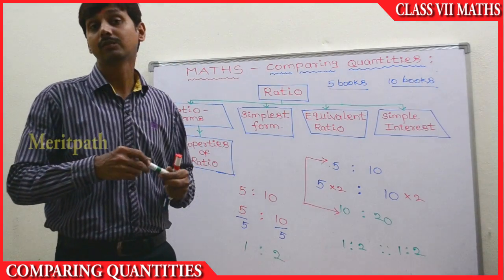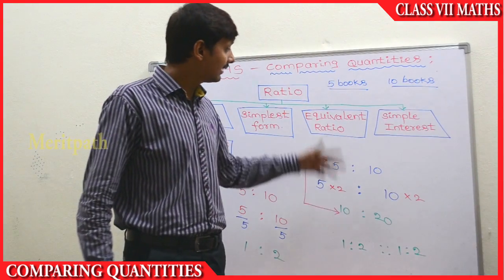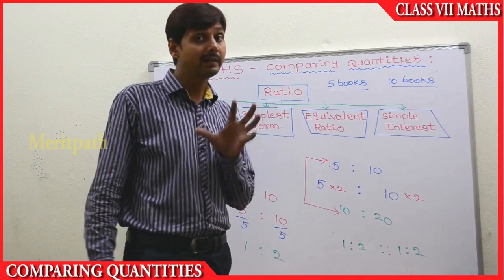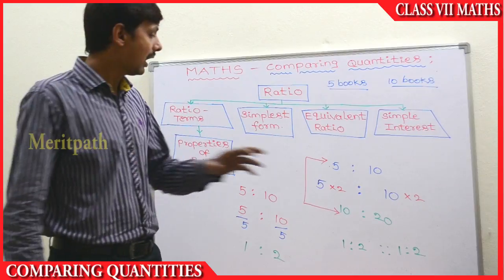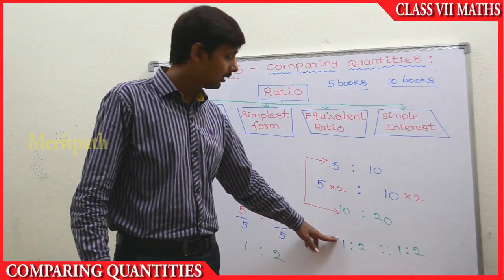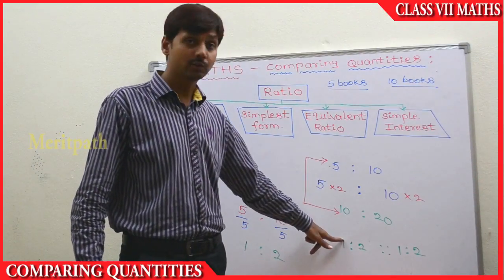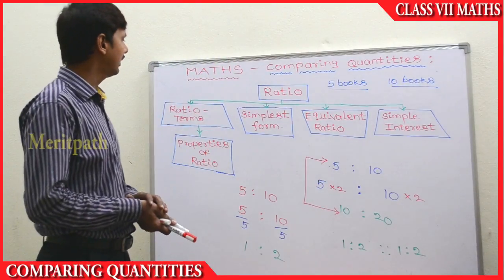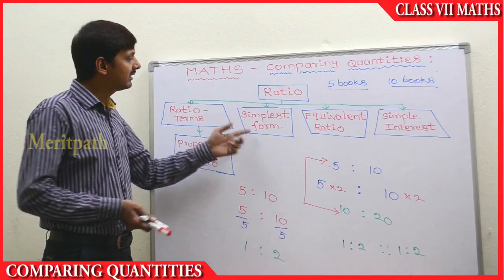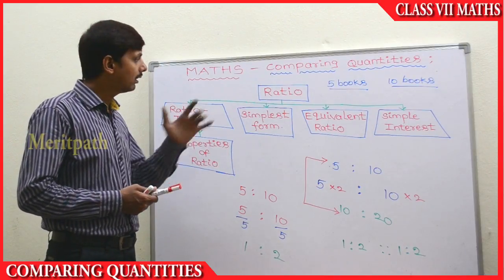Both are equal, so we can say that these are equivalent. When two ratios are equal, we say that the two ratios are equivalent ratios. This is 1:2 and this is 1:2. These are equivalent ratios.